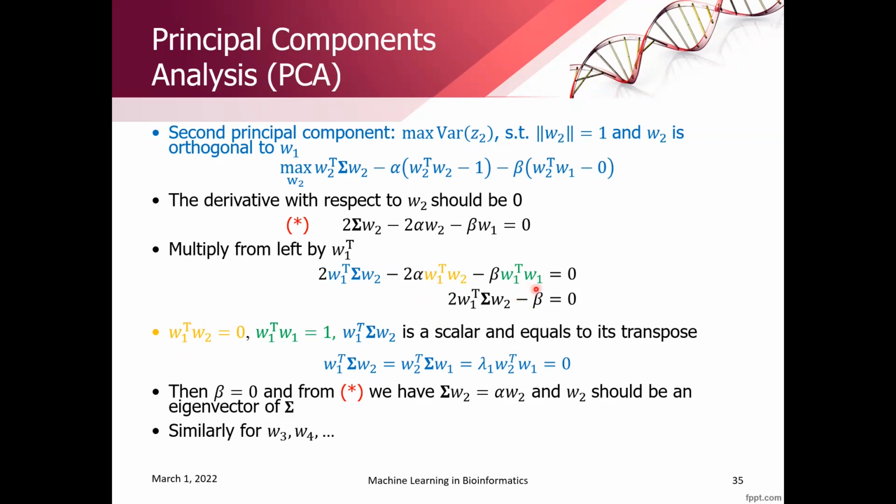For W sub 1, we know that the norm of the vector is 1. So this will simplify to 2 times W sub 1 transpose times the covariance matrix times W sub 2 minus beta, which should be 0.